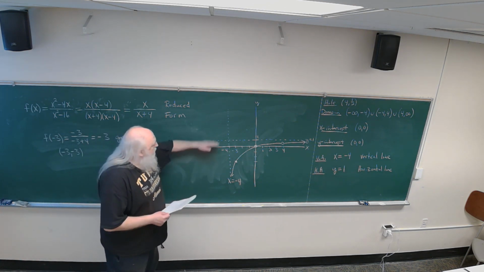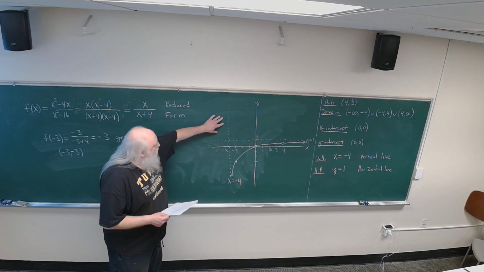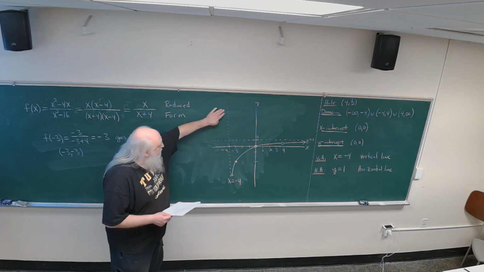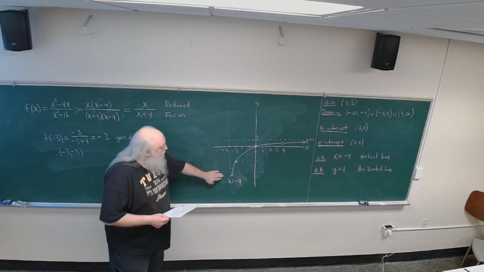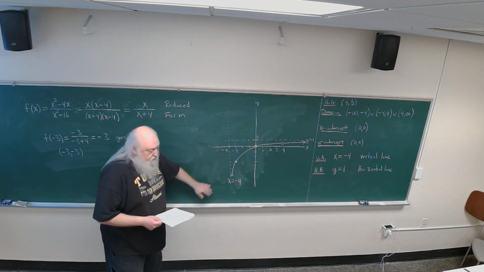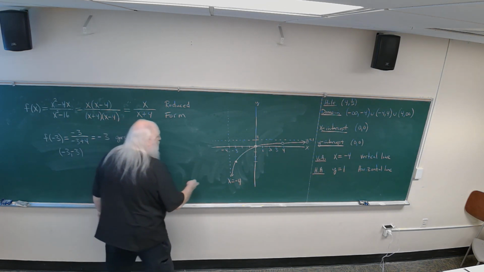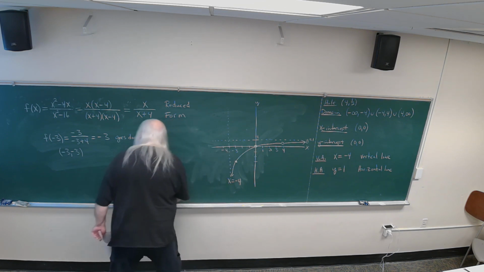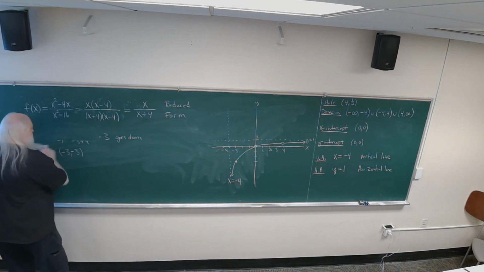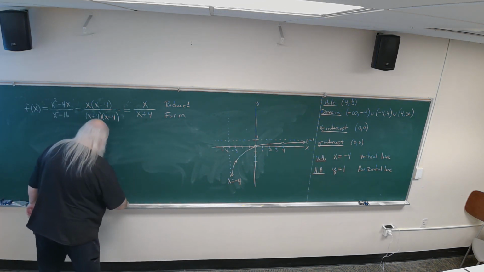And now on the left side of the vertical asymptote, we've got to determine whether the graph goes up or the graph goes down. And so we can use x equals -5 as a test point to see whether it goes up or down.